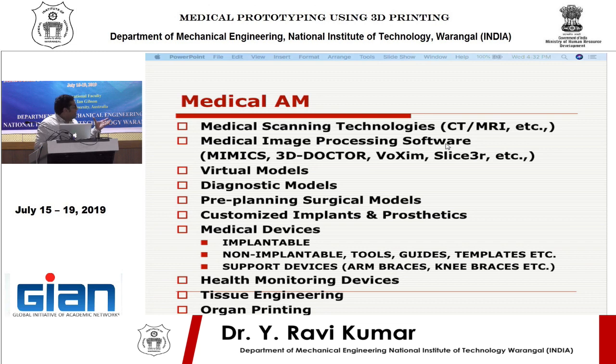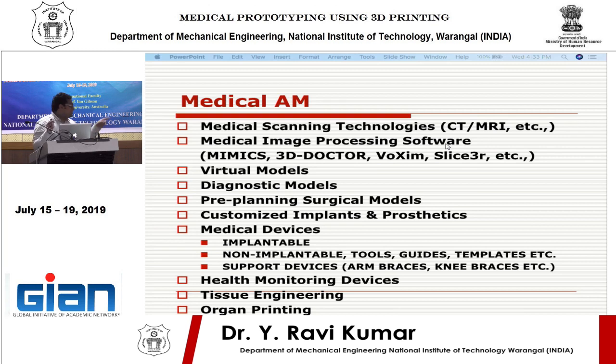And of course you have tissue engineering, which is another area that is coming up, and organ printing, of course. These are the two applications where it is relatively new, and there will be a lot of challenges. Why? Because if you exclude these two, the rest are majoritarily load bearing, bone replacement.